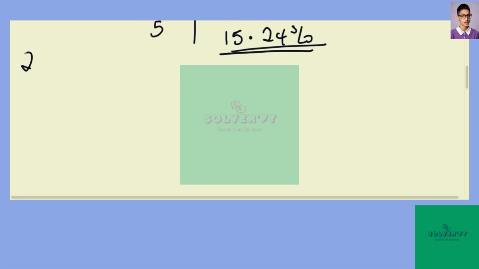Now, moving on to the second part of the question, it says compare and contrast the capital budgeting methods in requirement one.